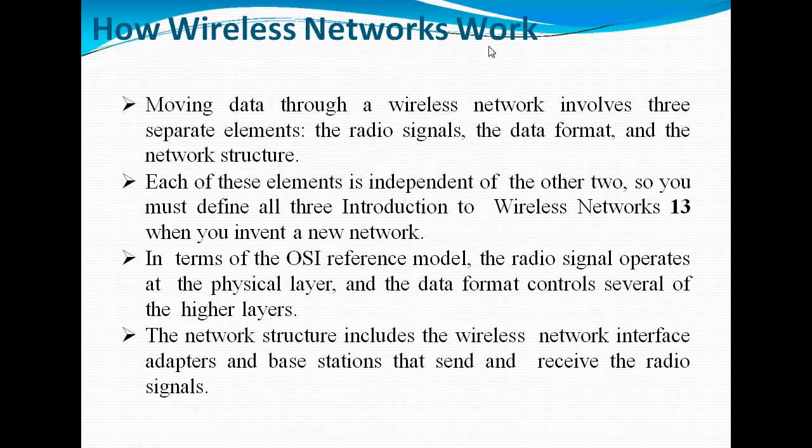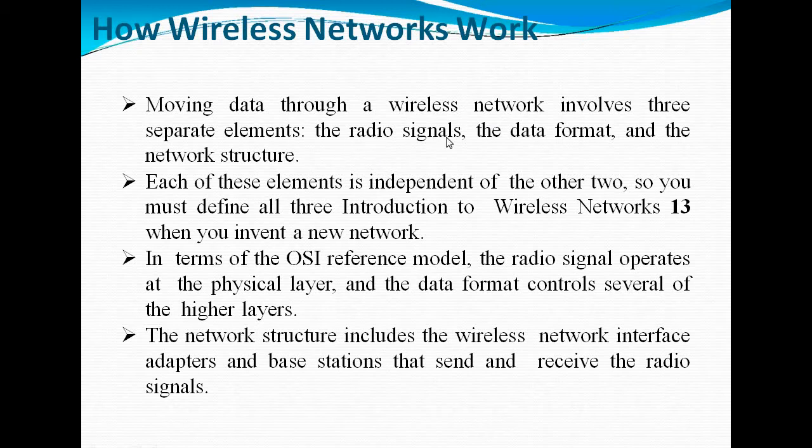Now next, how a wireless network works. Moving data through a wireless network involves three separate elements: first, radio signal; second, data format; and third, network structure. These are the three ways by which data is moved in a wireless network.